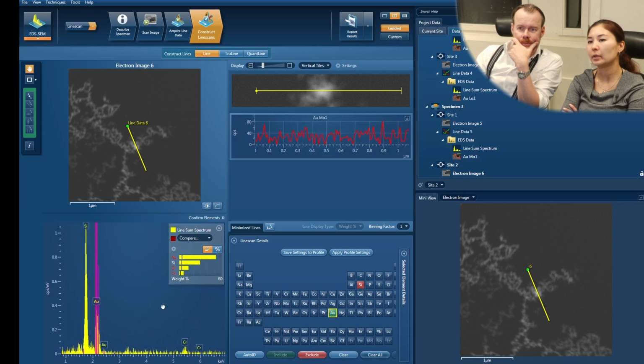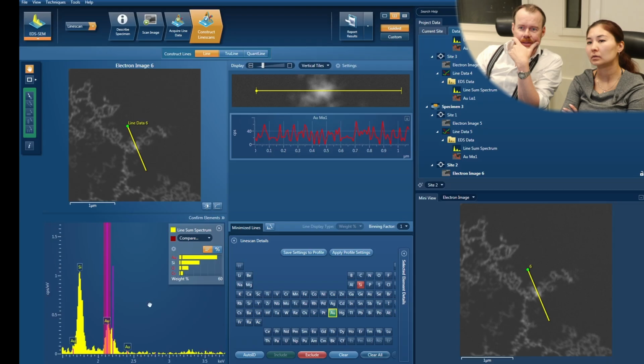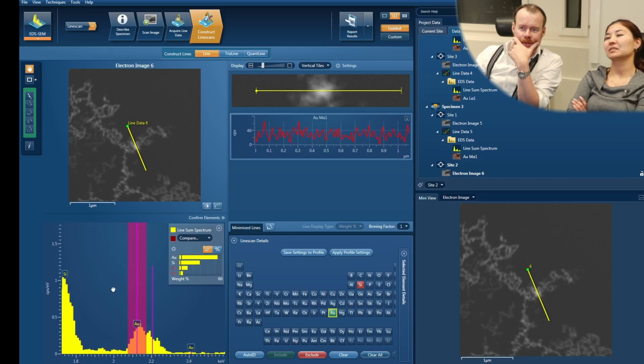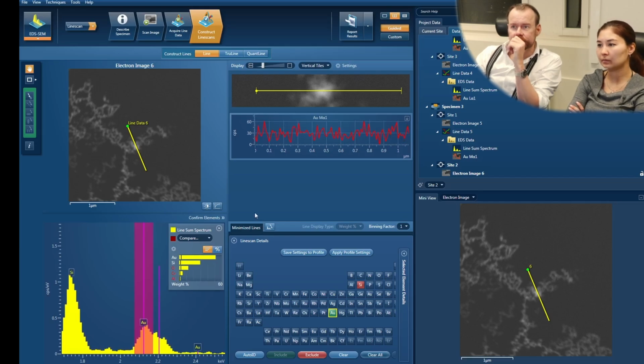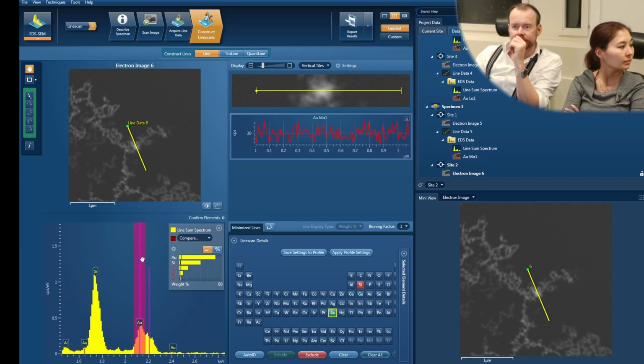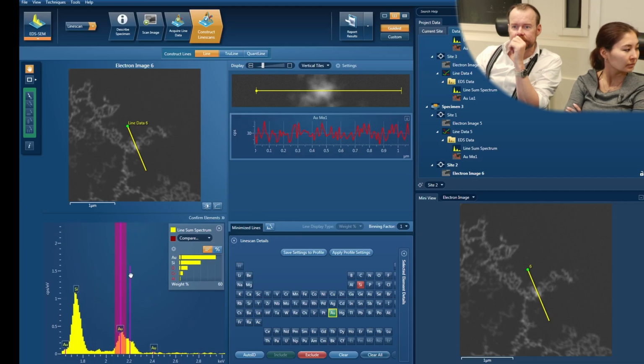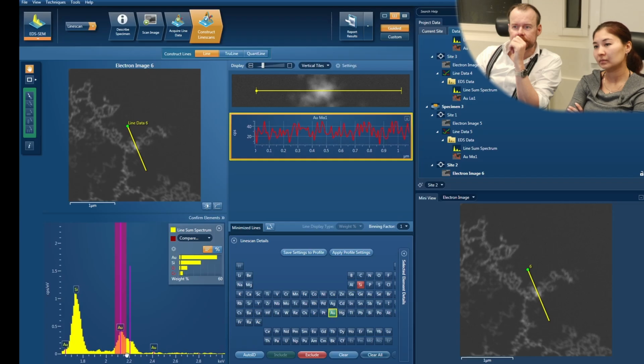So it doesn't automatically measure gold? Yeah. It's so much silicon compared to how much gold we have. See, you can't pick it up.